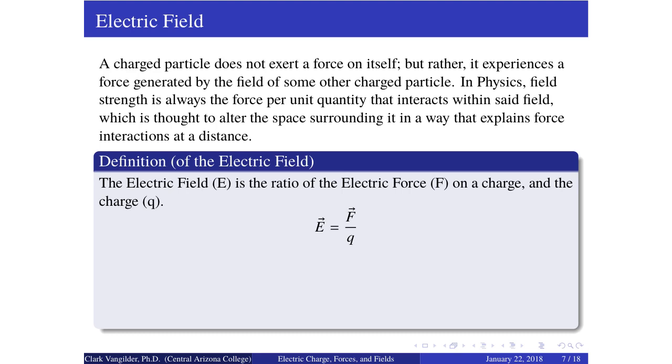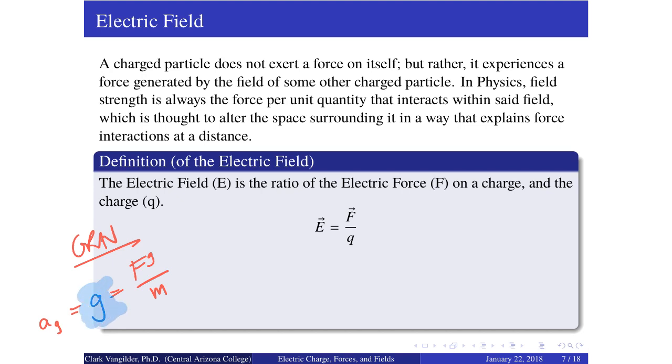So for gravity, little g was our field strength, and that was gravitational force per unit mass. Little g was technically a particular constant value of acceleration, so you'd have Newton's second law in that.